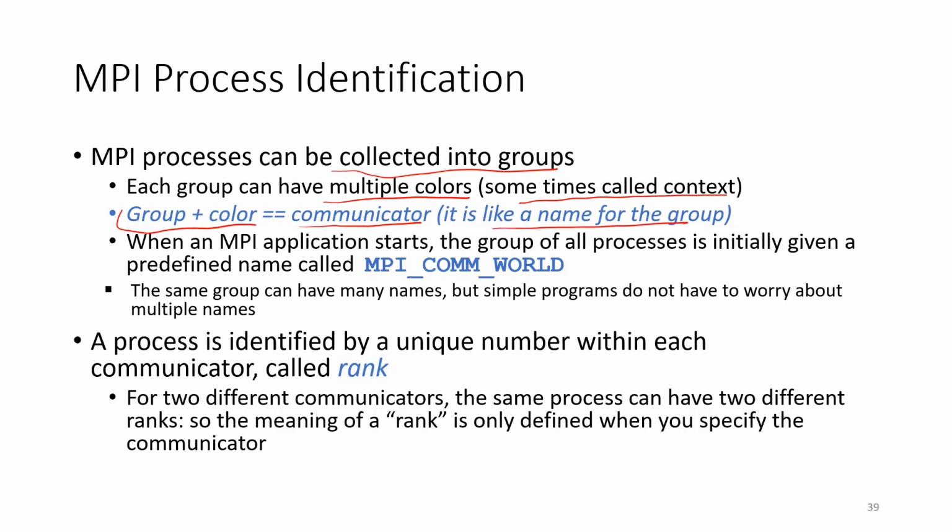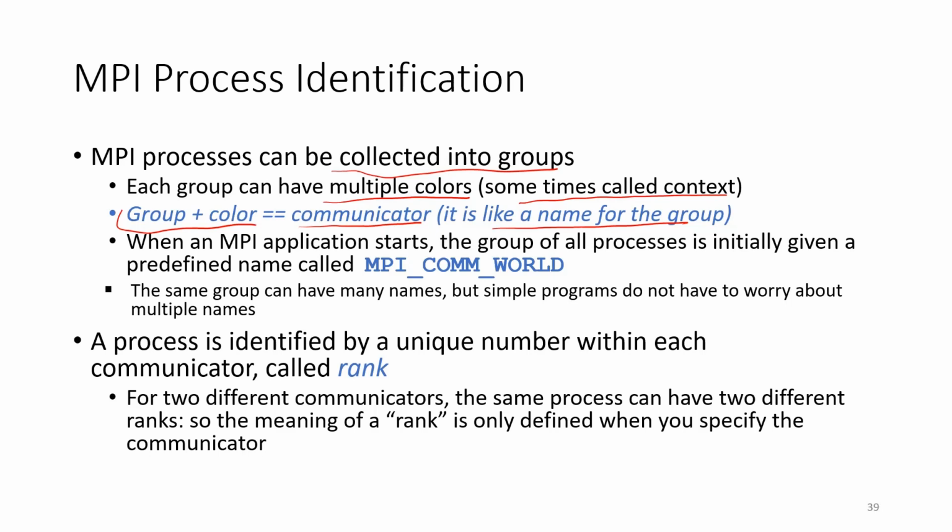For the same communicator that involves a certain subset of the total set of processes that you have in hand, you can have multiple names or aliases. We will have a diagram on the next slide that will clarify all these details.